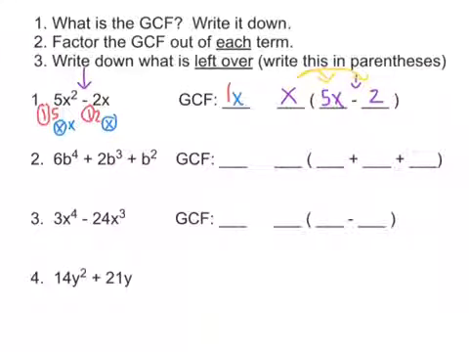The next example, number 2, is our first experience factoring a GCF out of a trinomial situation. So, first thing we're going to do is look for a numerical GCF. So 6 has factors of 1, 2, 3, and 6. 2 has factors of 1 and 2. And over here, there's a 1.